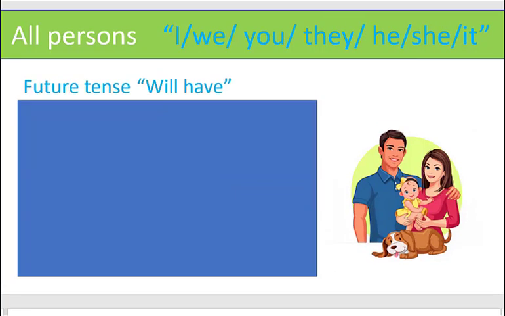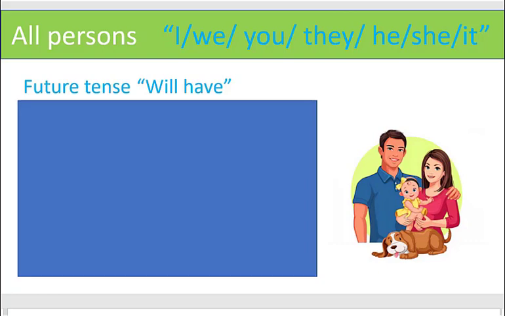Okay, let's now look at the future tense. Now, the future tense, like the past tense, actually does not change depending on the person. So we could have I, we, you, they, he, she, or it. And the have actually is will have for all of them.